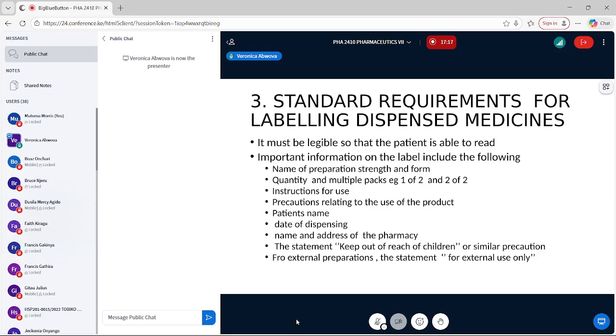So important information on the label includes the following: multiple packs. Indicate on the label whether there are 2 packs, okay? If there are 2 packs, ensure that you tell the patient these are 2 packs of the same medicine. For instance, this is what I mean. Sometimes you may go to the pharmacy and the doctor has written for you drugs for 2 months, okay?